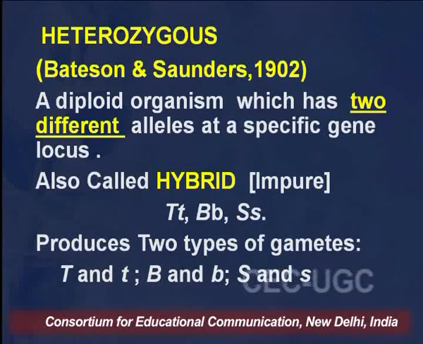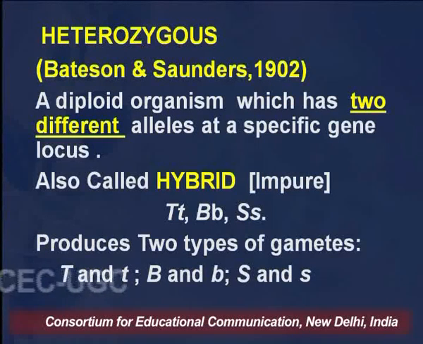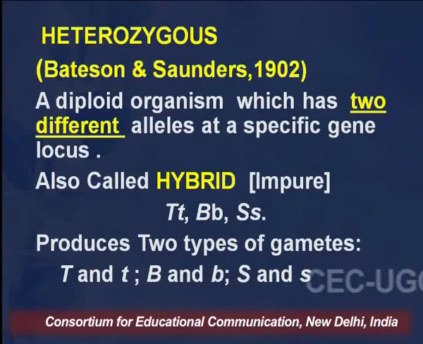Say, for example, capital T and small t, capital B or small b, capital S or small s, depending upon the character we are hinting at. When meiosis occurs, an impure or hybrid or heterozygous individual will produce two types of gametes, one capital T and one small t, one capital B and one small b.